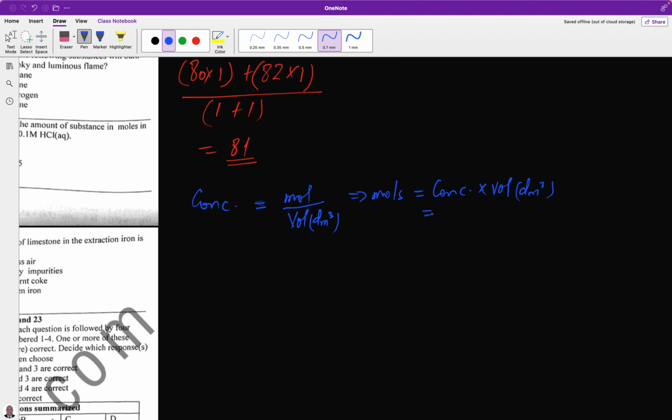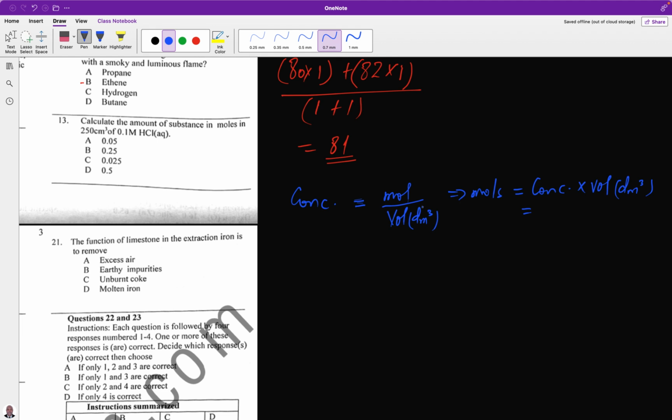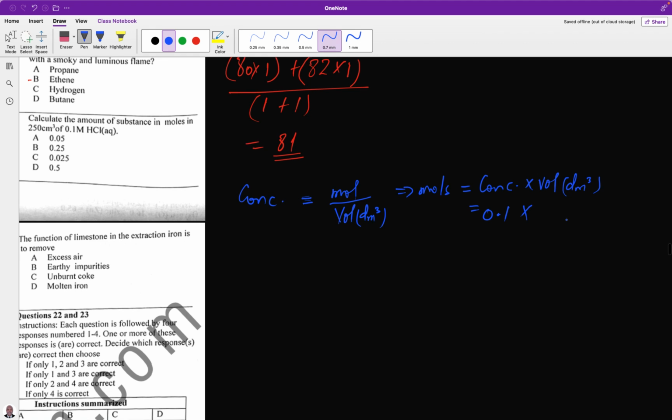The concentration here is 0.1 times the volume. The volume is 250 cm³. In dm³, we need to divide by 1,000. 250 divided by 1,000 gives us 0.25.